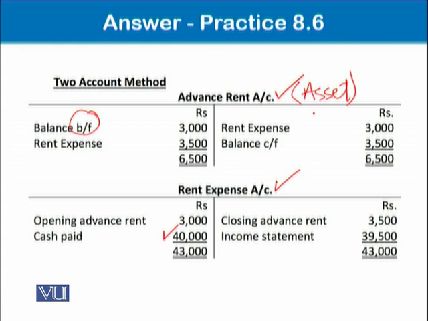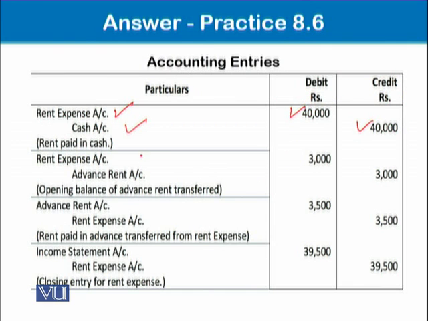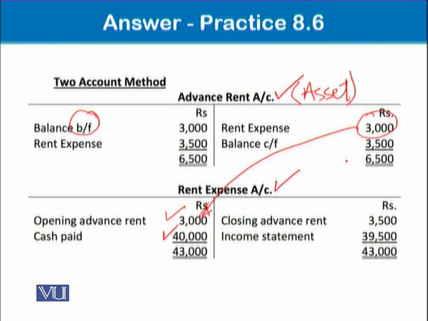The next thing is that we have to transfer this opening balance into the rent expense. We will take it from here and place it here. For this, the advance rent account will be credited and the rent expense account will be debited: rent expense debit and advance rent account credit with this amount. And then the closing balance of 3,500 is the rent that we have paid in advance during the year for the next year.